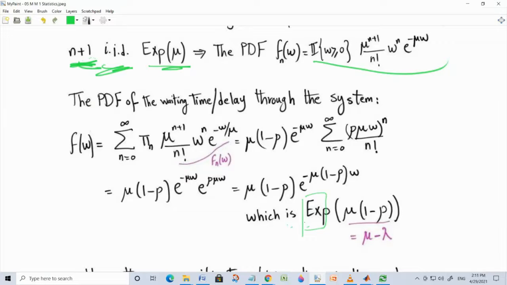You obtain first the conditional waiting time given n, then multiply each conditional PDF by pi n, and then you sum, and you get this nice result: the overall delay that you will encounter in the system is exponential, and it has a parameter which is mu minus lambda.